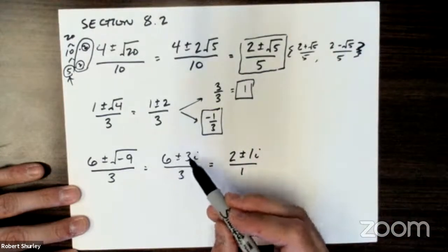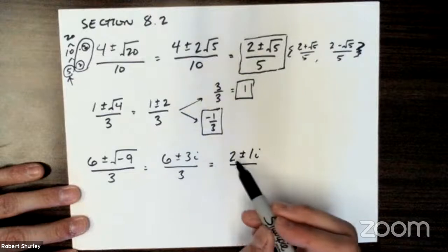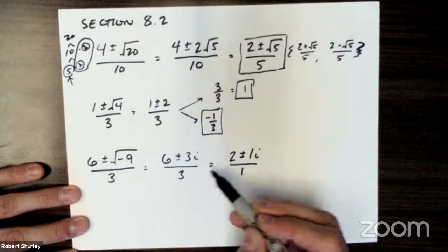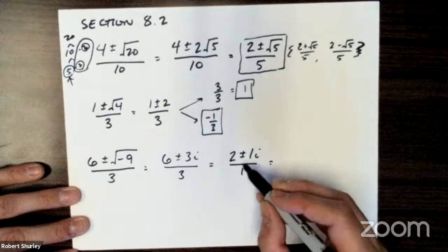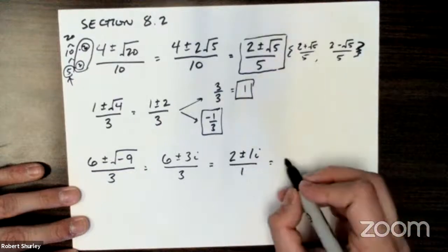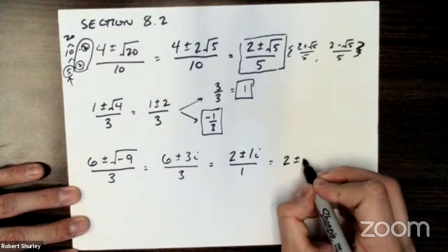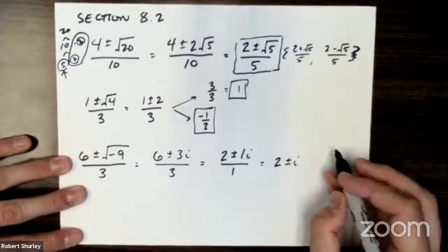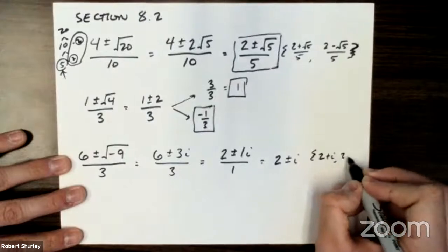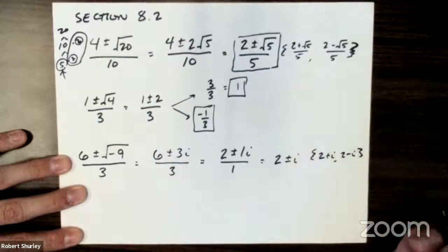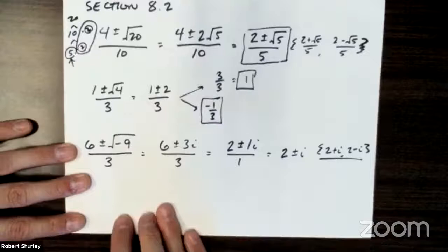If I divide 3 into all 3 parts, 6 divided by 3 is 2, 3 and 3 are both divisible by 3, so you get 1. Anything divided by 1 is itself, so you never leave 1 in the denominator. So this becomes 2 plus or minus i. If you wanted to write it out, you don't have to, but it's 2 plus i and 2 minus i.